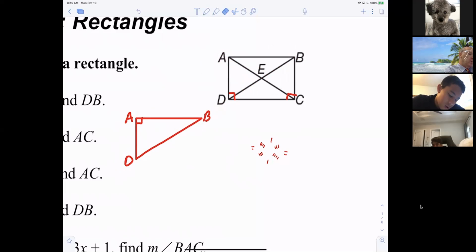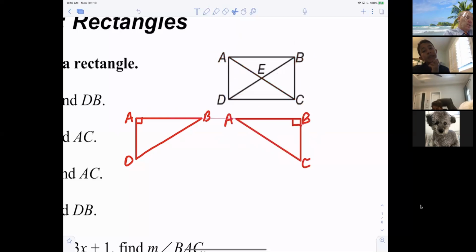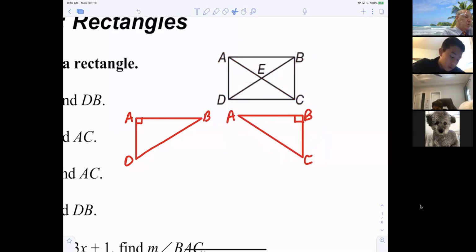Now I'm going to drag the other triangle, which is this triangle right here. Part of the reason why I feel like this is harder is because the triangles overlap. So now if you drag that over here, someone tell me what's true about that.